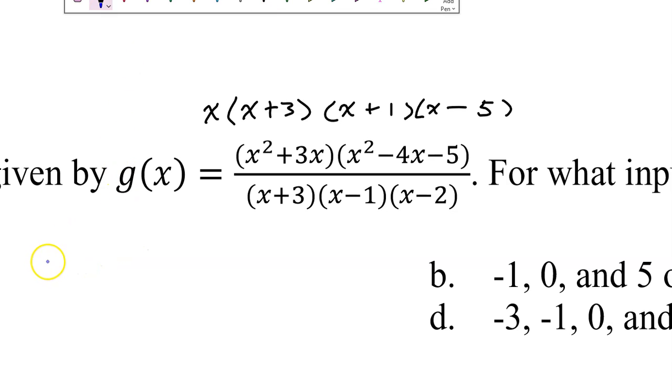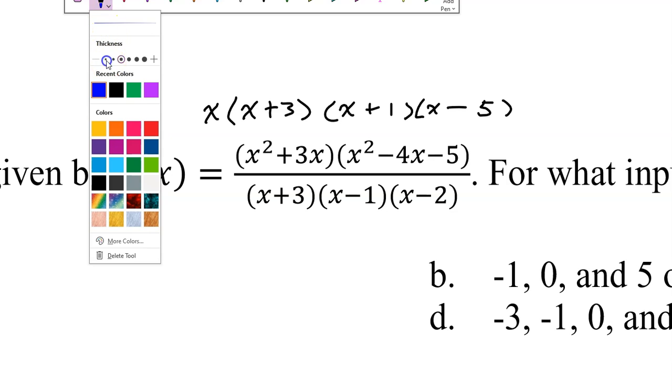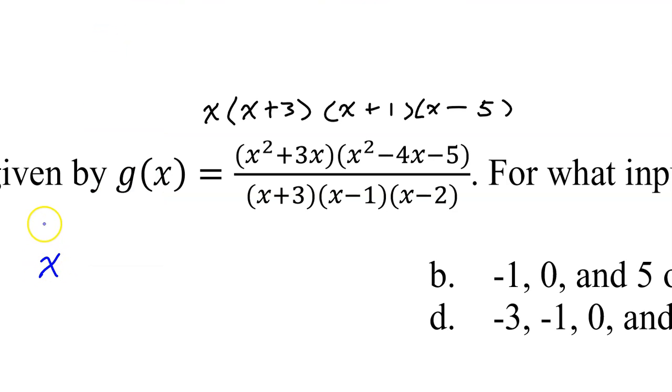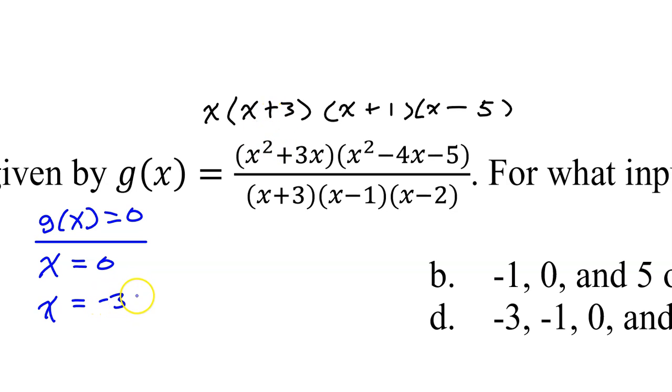If I went by only that, then I would say g of x is equal to 0 at x equals 0 and x equals negative 3 and x equals negative 1 and x equals positive 5. But there's a problem with one of these. Does anybody see the issue?